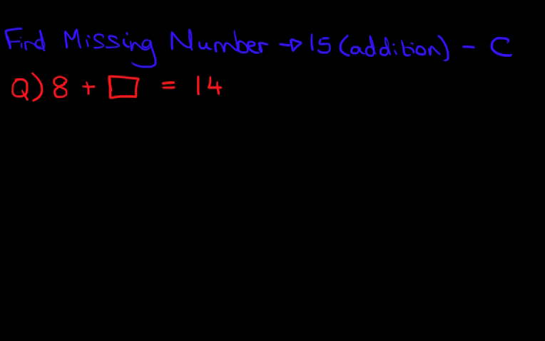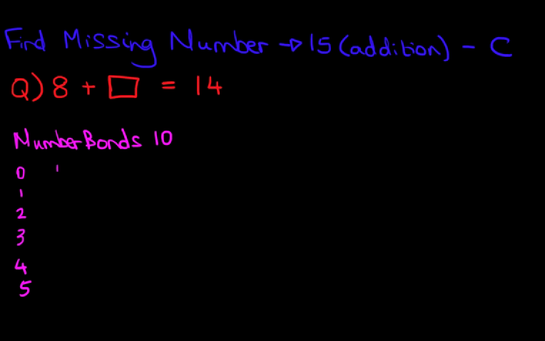Now the first stage is, do you remember your number bonds? Number bonds to 10. Which two numbers added together give 10? Well, we can do it here. We'll start with 0, 1, 2, 3, 4, 5.